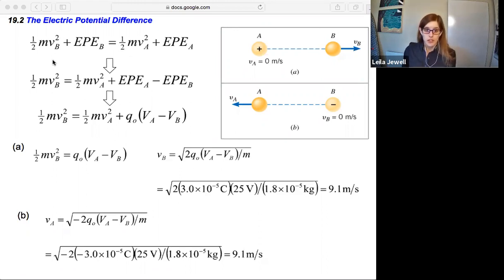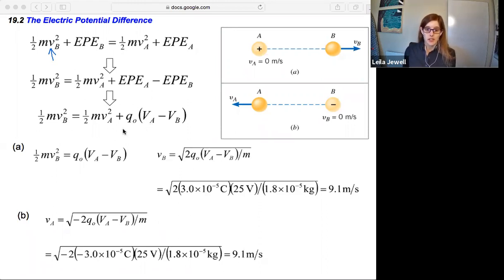So if we work on solving for VB, which is what we're solving for, we can subtract EPEB to the other side, and then we can remember the electric potential energy is related to the potential difference by Q naught. So EPE is equal to Q naught times the potential.